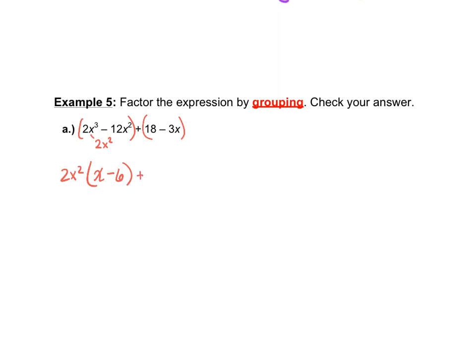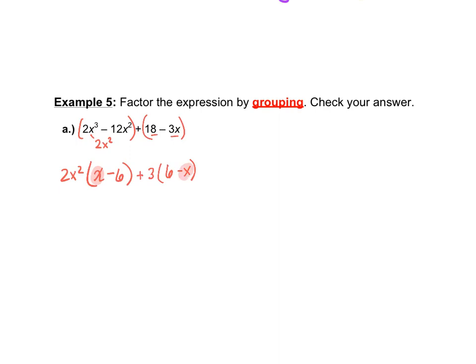Plus, what can we take out of both of these? Well, I can divide out a 3. So if I divide out 3, what I'm left with is 6 minus x. These do not match. This first one is a positive x and this is a negative x.